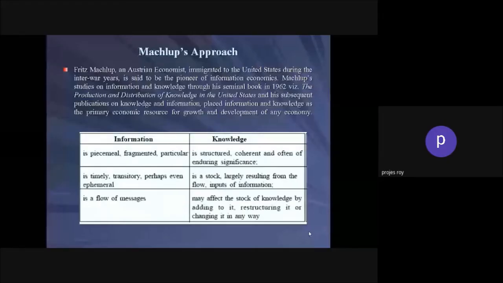Information is a flow of messages, and it may affect the stock of knowledge by adding to it, structuring it, or changing it in any way. So he has created a kind of new dimension in information theory.